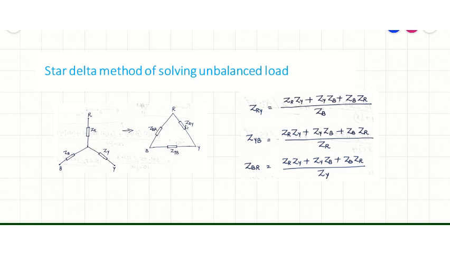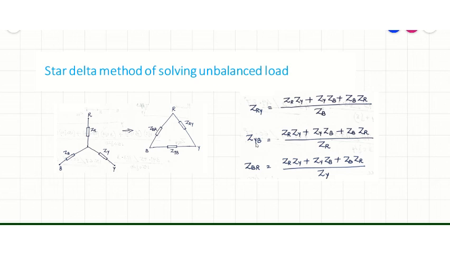These two will be equivalent only if ZRY, ZYB, ZBR satisfy these relations. ZRY should be equal to ZR ZY plus ZY ZB plus ZB ZR divided by ZB.